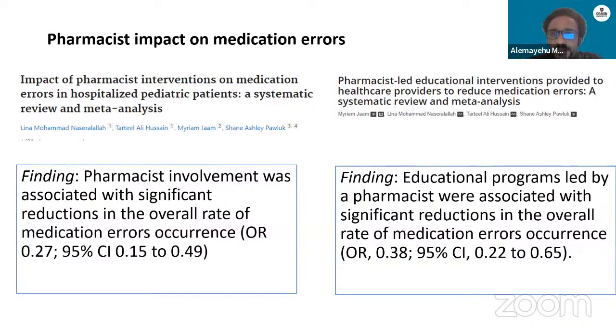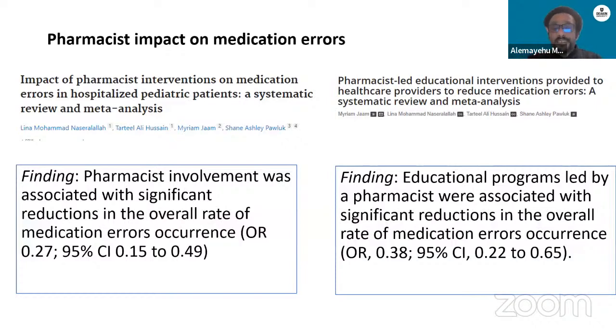Another systematic review was conducted, I think two years back, on educational interventions versus normal interventions, meaning that there's a close engagement of pharmacists within the healthcare team to conduct the intervention, for the first one. The second systematic review is all about education.